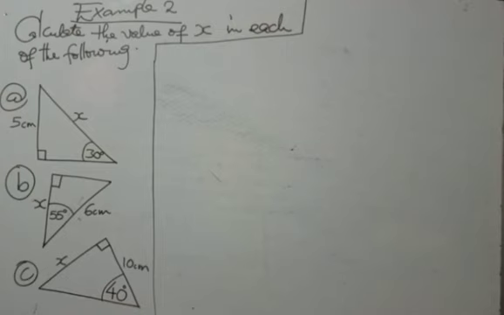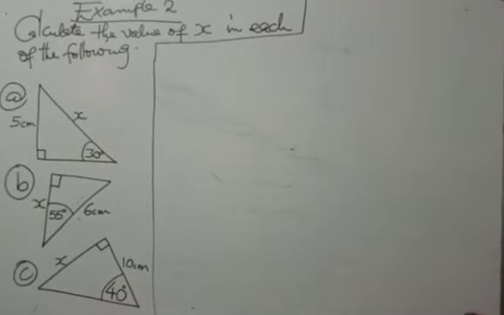In each of the following, we have A. We go to A. We are seeing that the value of x is the hypotenuse. So let's calculate the value of x.